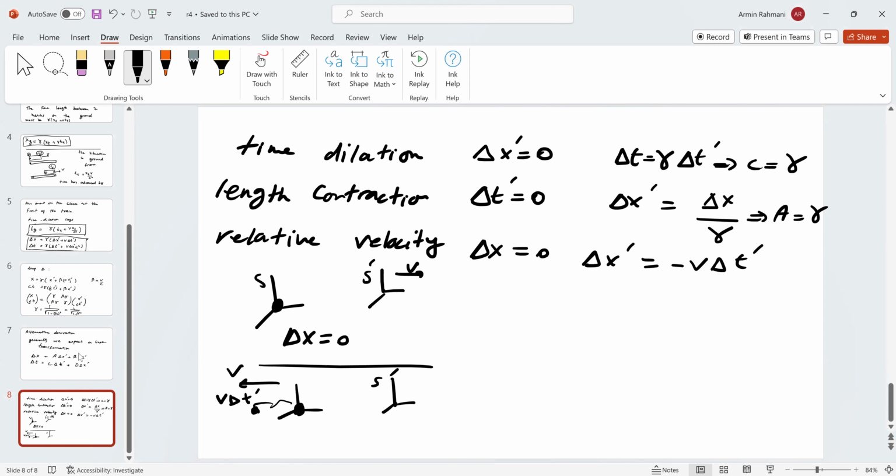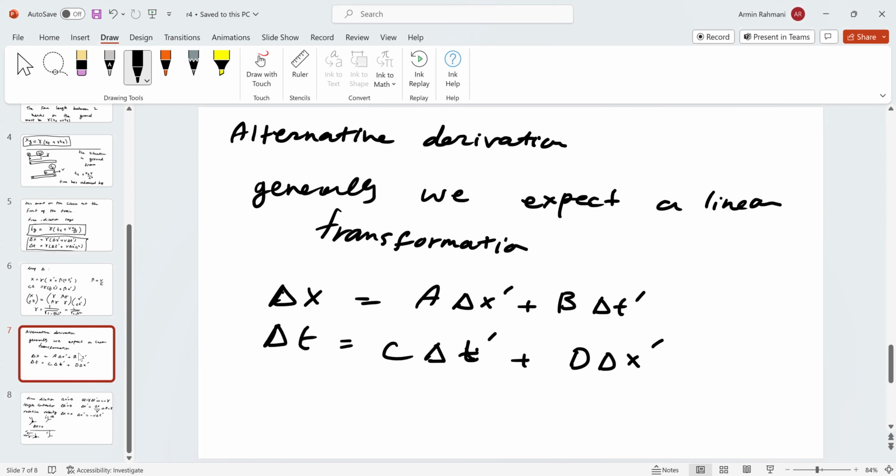So now that's a relationship where delta x is 0, and x prime and t prime are related. So going back here, if delta x is 0, x prime and t prime are related, that says something about the first equation, right? So let's say a delta x prime plus b delta t prime must be 0.